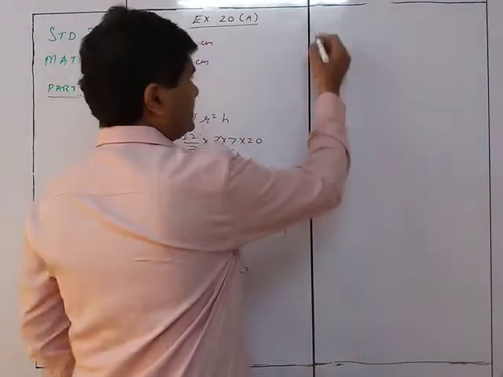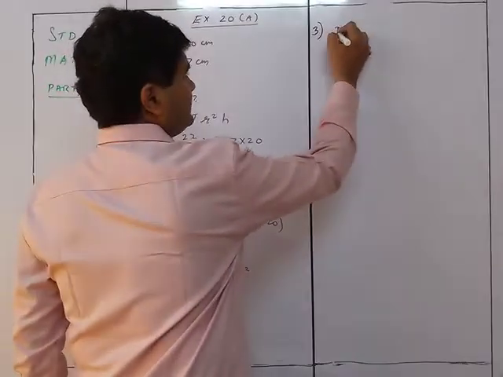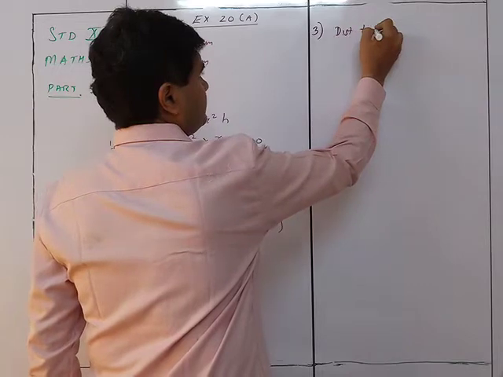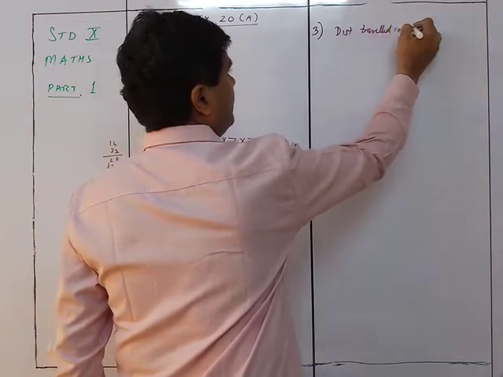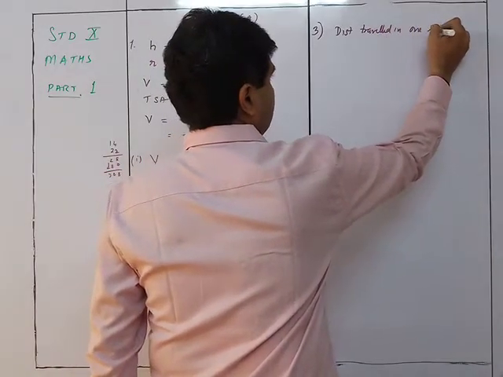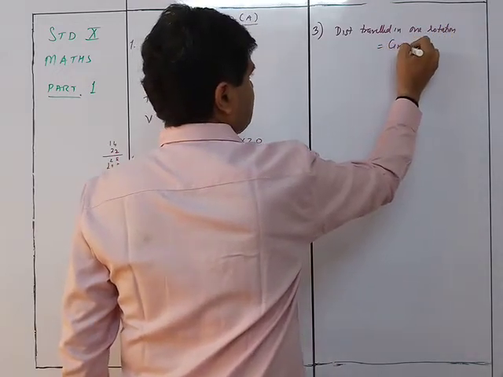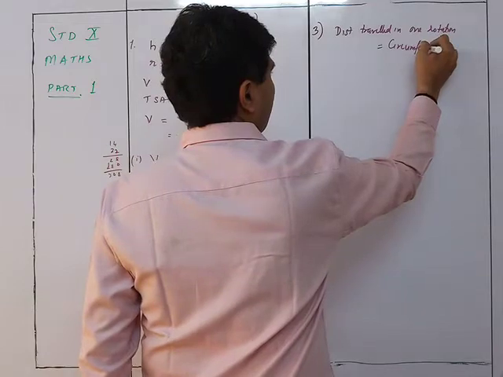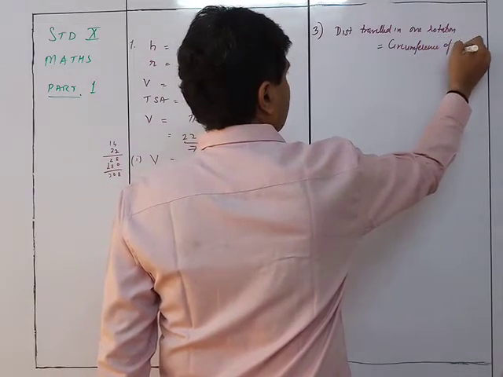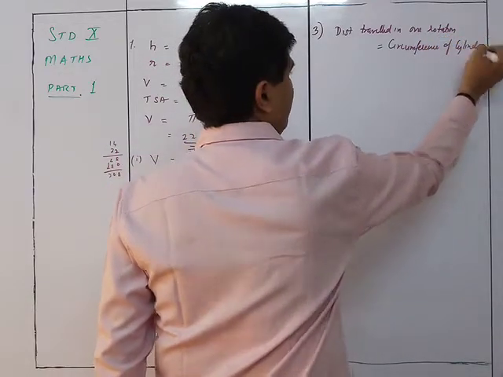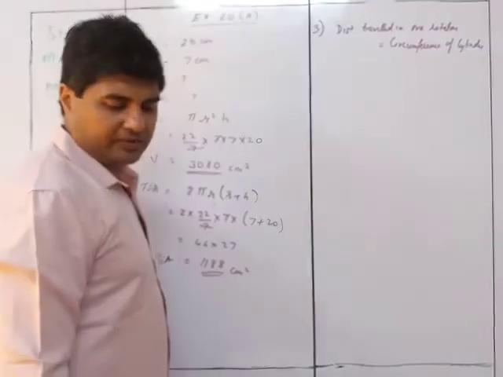So we see over here the third one: distance traveled in one rotation is equal to the circumference of the cylinder, or the base, right? The circumference of the base.